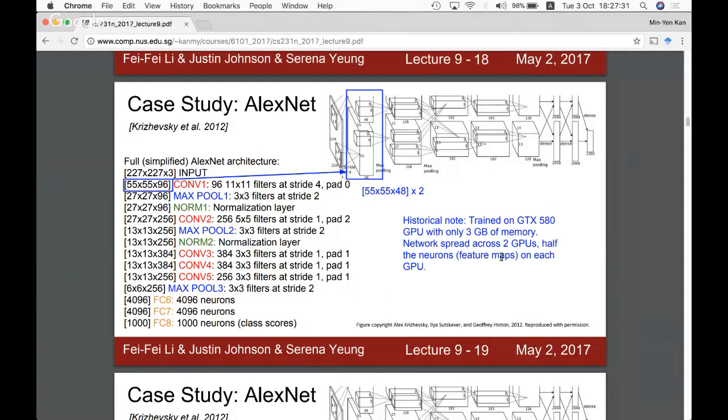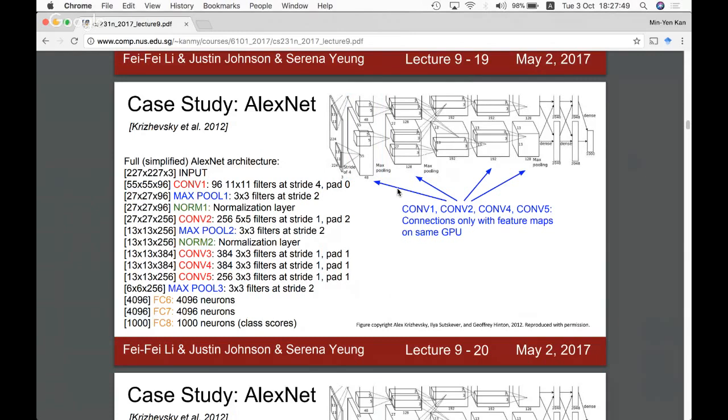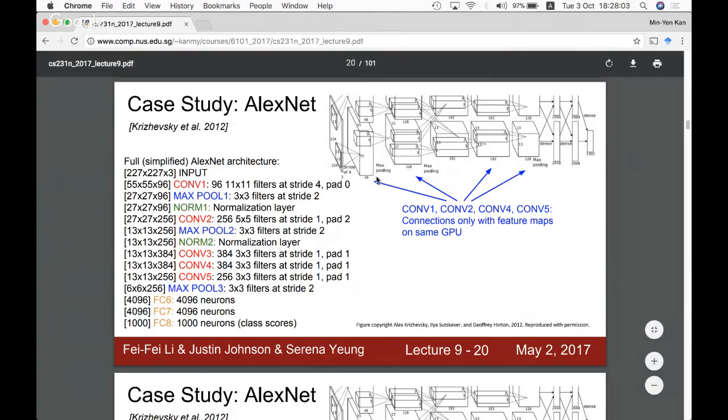So they implemented the same architecture on 2 GPUs, dividing all the channels between the two GPUs. For convolutional layers 1, 2, 4, and 5, they are implemented on 2 GPUs, and the parameters are not shared with each other.